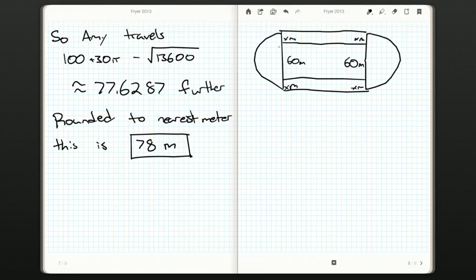I don't think I'll need the smaller arcs, but I'll add them in anyway. 100 meters.